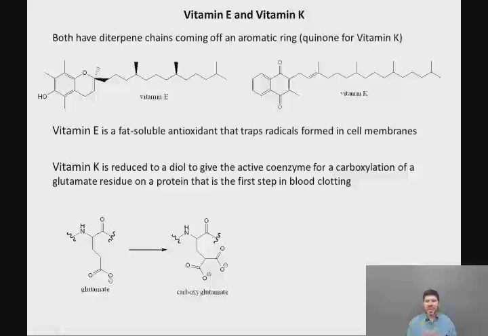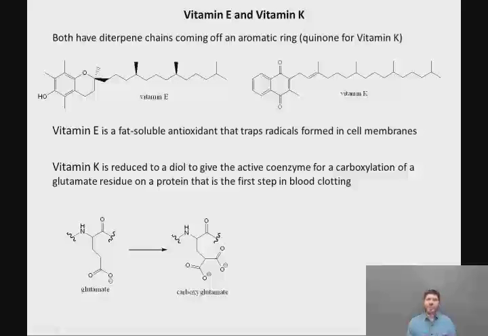There are several glutamates on this protein, and those glutamates get carboxylated at the position shown, so you add another carboxyl group, and once that happens, more molecular recognition happens, other enzymes and factors bind, and that leads down the cascade of forming a protein called thrombin that is involved in blood clotting.